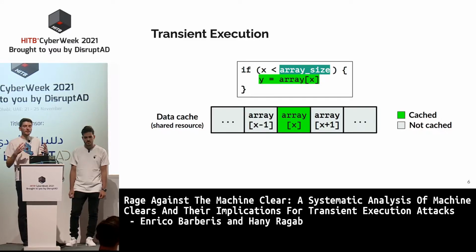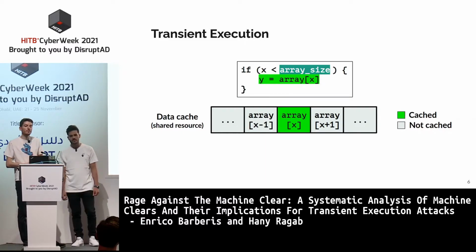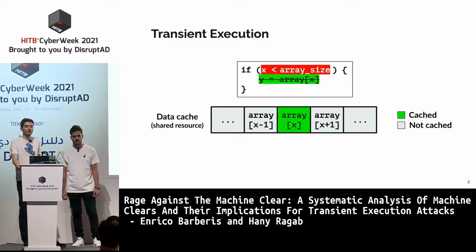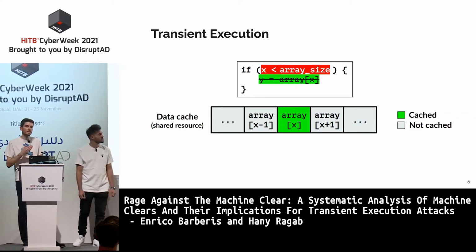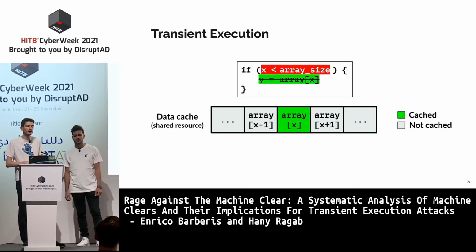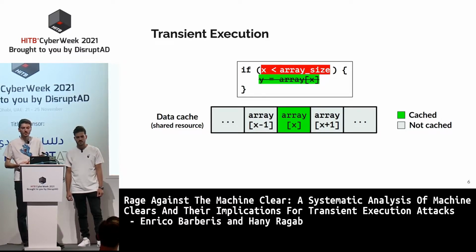But this is indeed a speculation. What happens if it is a wrong one? Well, the processor must revert the execution and roll back to the other branch to execute. But still, as you can see in this slide, the array at position X is still in the cache. So this trace is still there. An attacker can still observe this side channel.